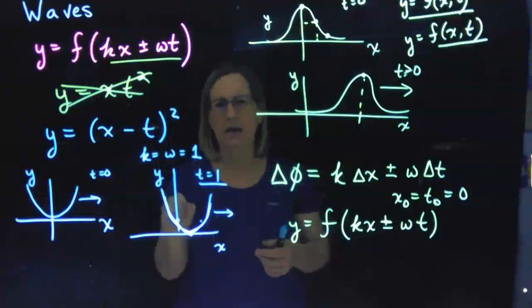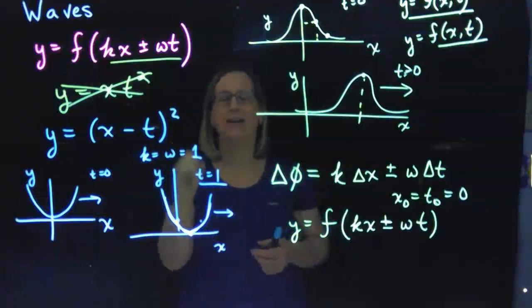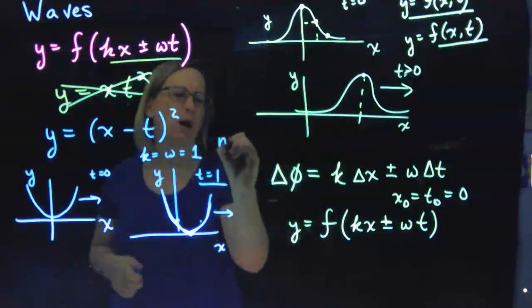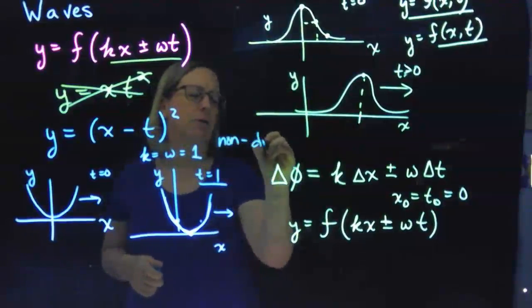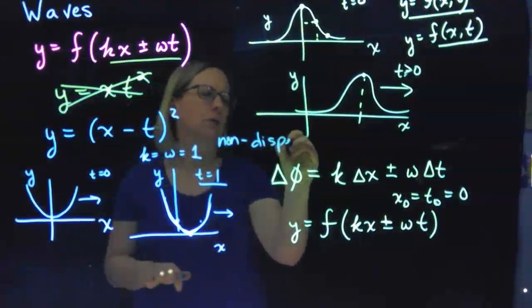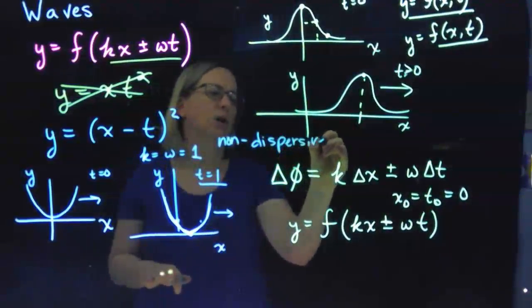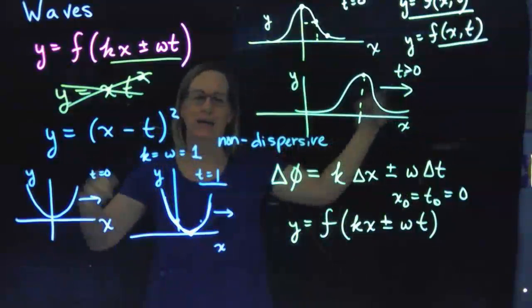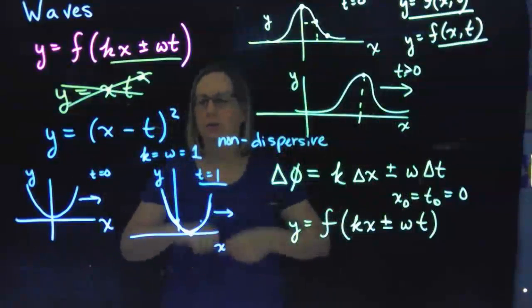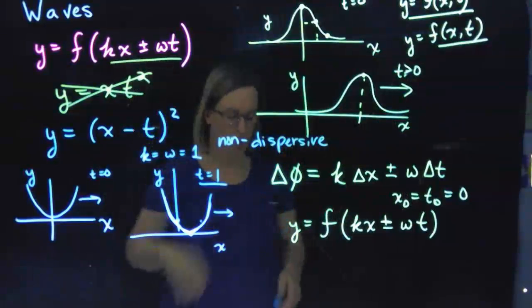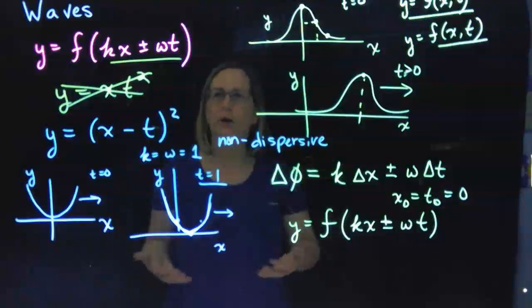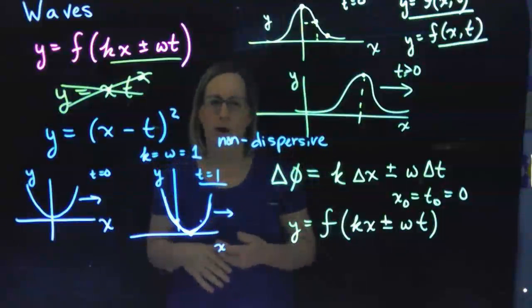I should say this presumes what's called a non-dispersive wave, which is just another way of saying it doesn't disperse, it doesn't change its shape, it doesn't flatten out over time. So this is a special kind of wave, but it's described by this equation. And so we're going to try to figure out what kind of equations are going to describe the different waves that we see.